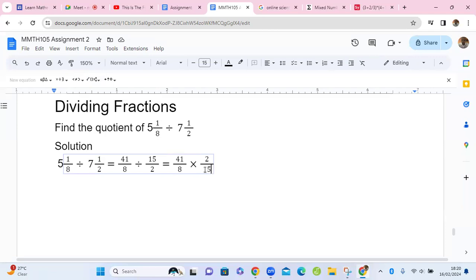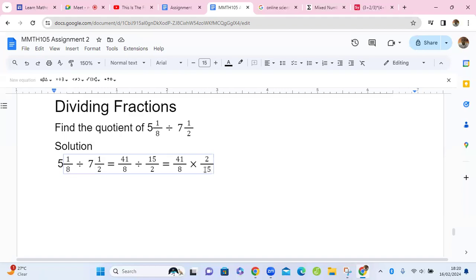It's like dividing by a half is like multiplying by 2. Let's say you have 10 divided by a half, you're finding how many halves there are in 10. There are 20 halves in 10, yes?